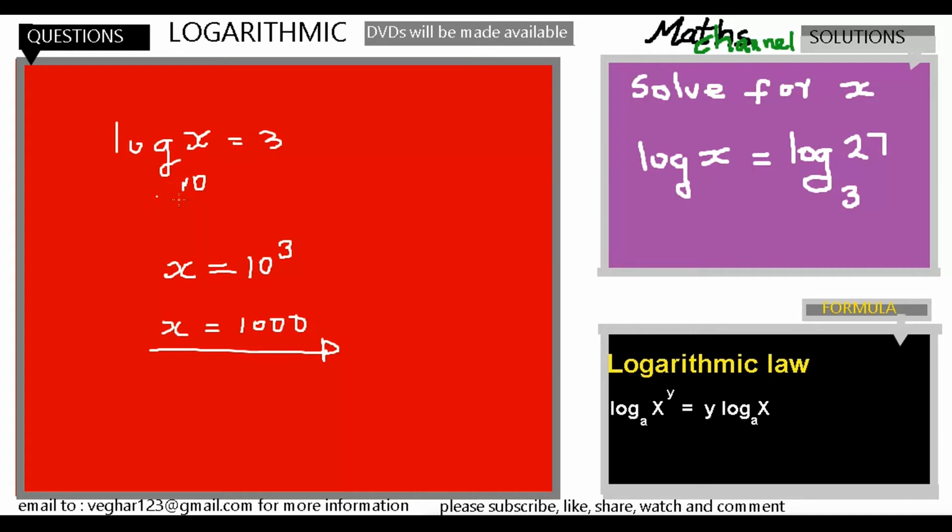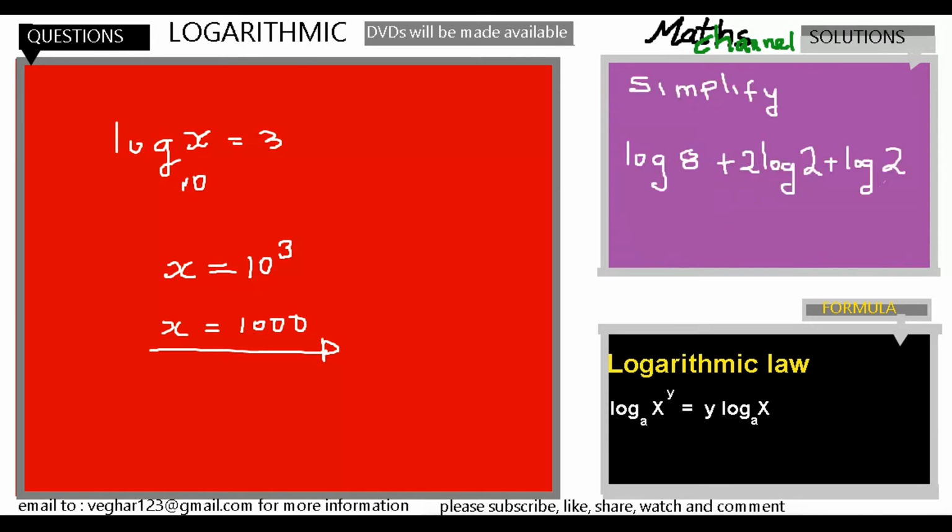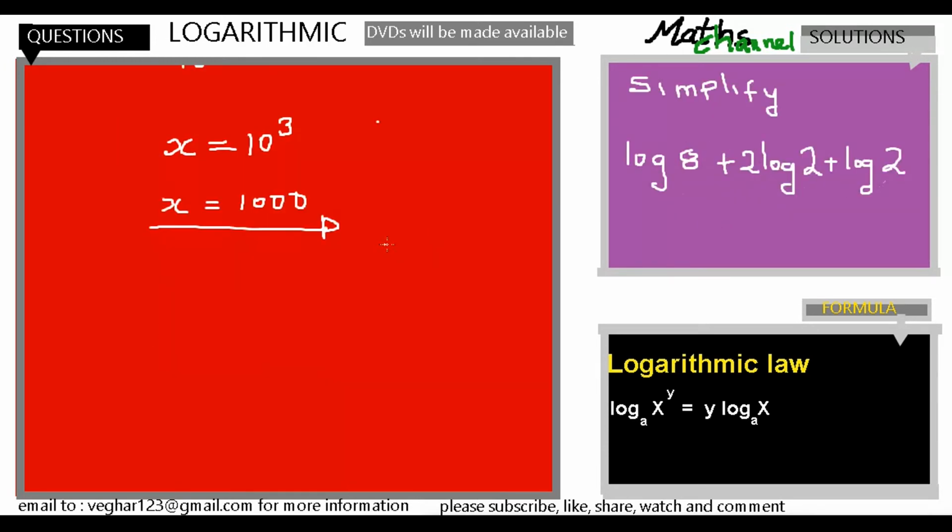This one is like changing from log to an exponent. So there are some laws of exponents that combine with the logarithmic. To simplify this, you see that the base is 10 because there's nothing here, it is 10. So here we are using this law first for log 8.